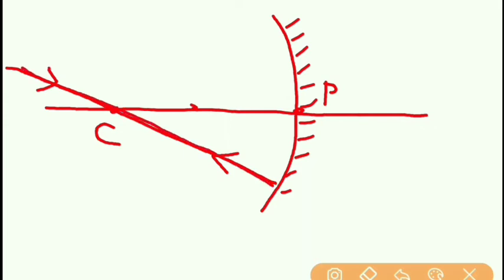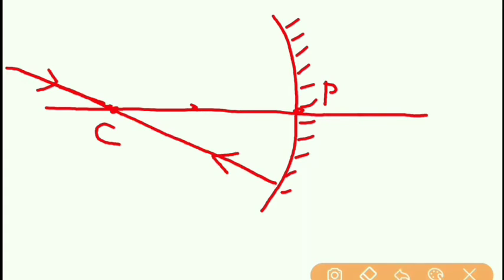You can see this ray is incident and it passes through the center of curvature. So when it reflects, it exactly returns in a backward direction in the same path.